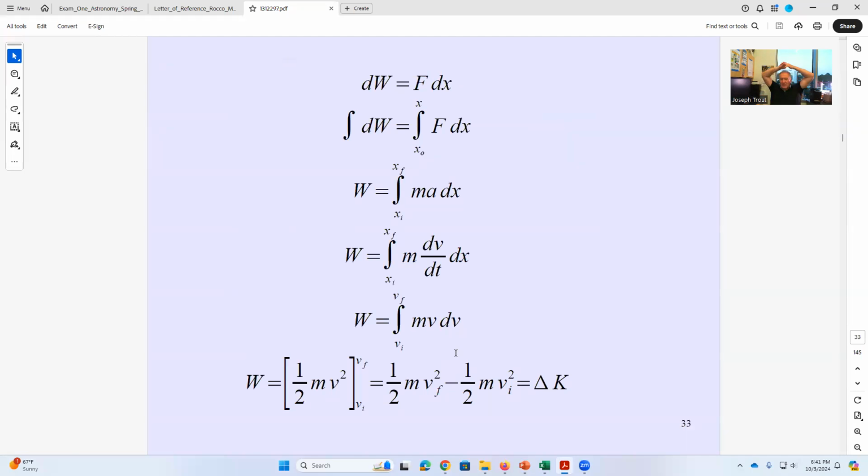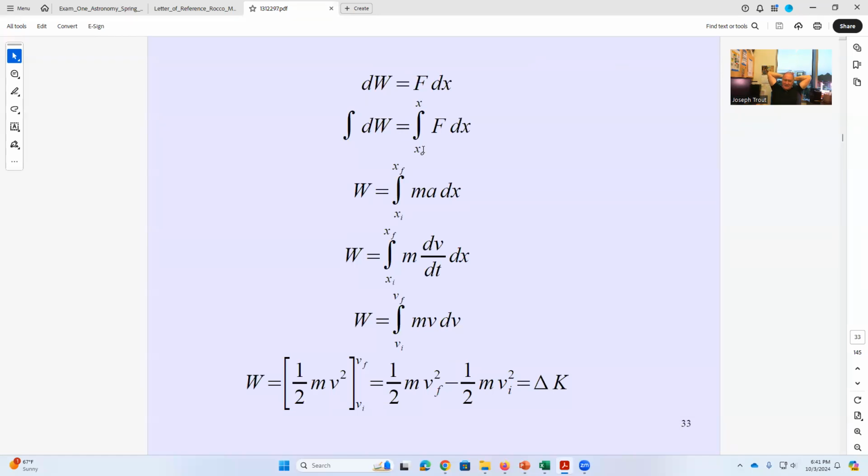By the way, we don't have to consider just constant acceleration. If we look for the change in work, it'll be equal to the force times dx. Let's go ahead and integrate both sides from x initial to x final.